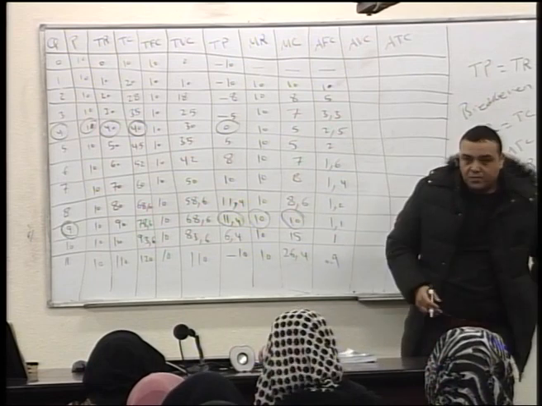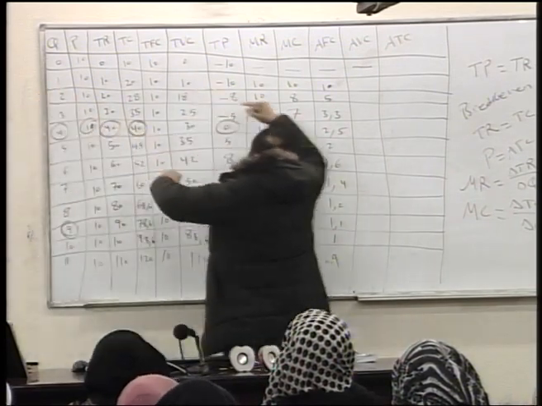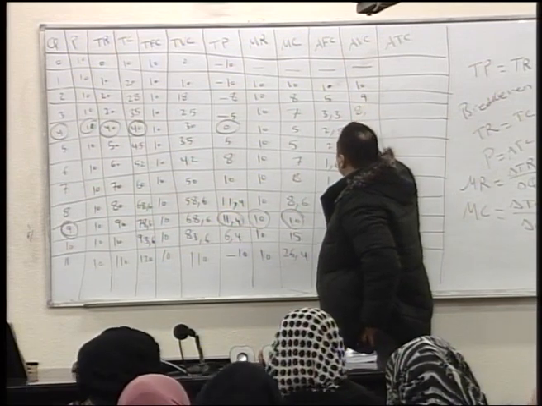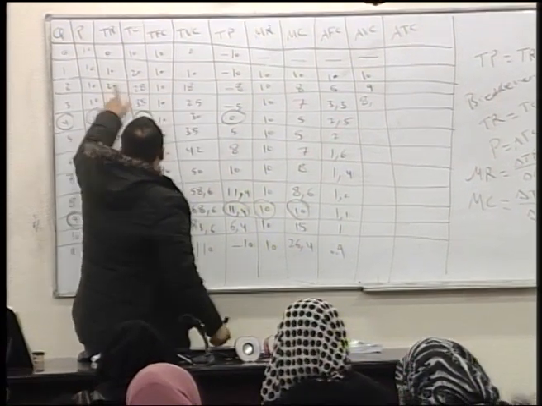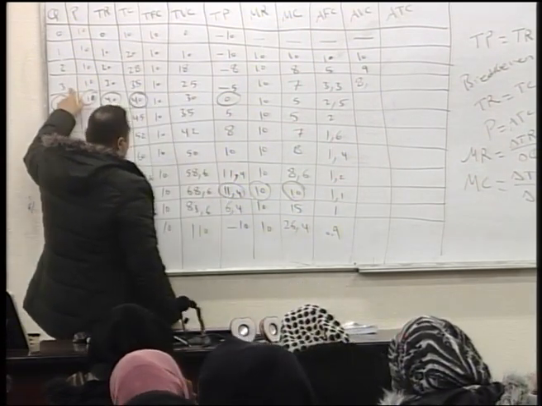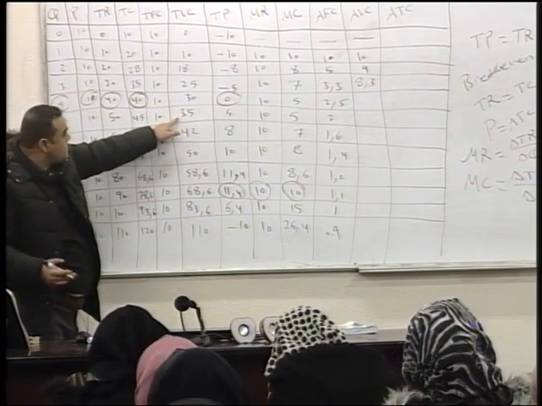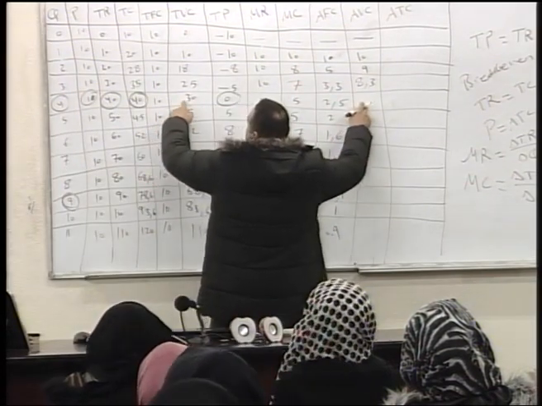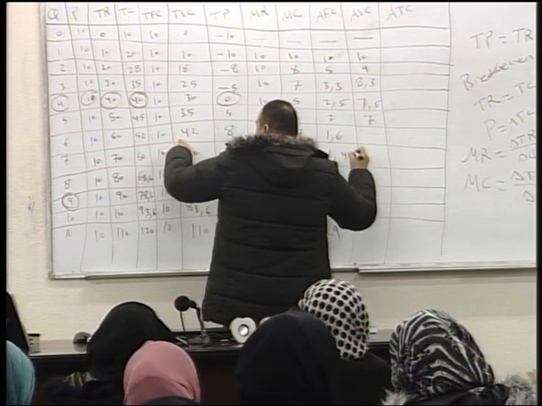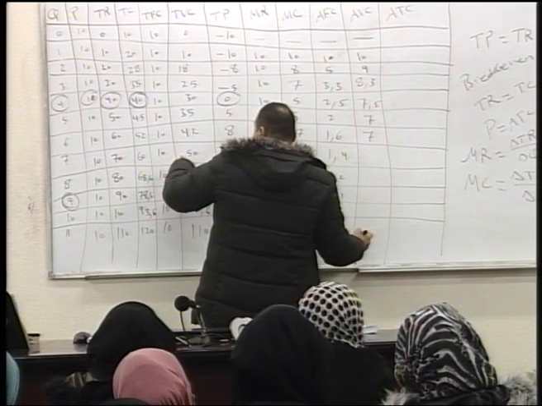AVC, TVC over Q. 10 over 1, 10. 9. TVC over Q, 9, and then 25 over 3, 8.3. 30 over 4, 7.5. 7. Right? 50 over 7, how much is it?